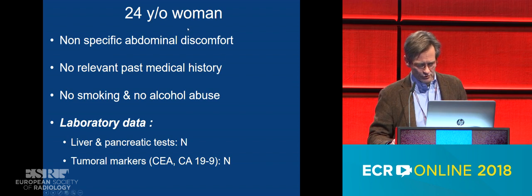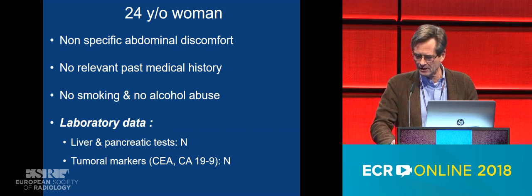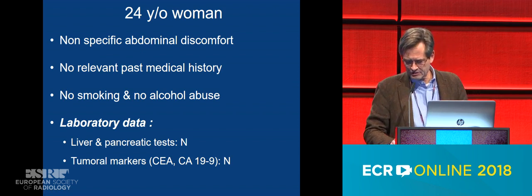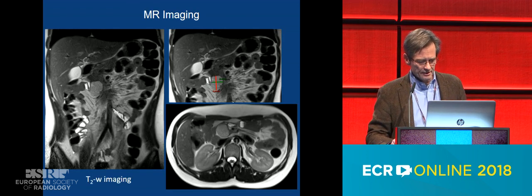This is a 24-year-old woman with non-specific abdominal discomfort, no relevant past medical history, no smoking, and laboratory data is normal, including tumoral markers. So I'm showing you the MR imaging, which basically displays a space-occupying lesion located in the head of the pancreas.